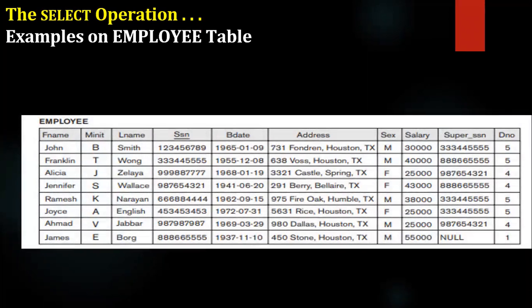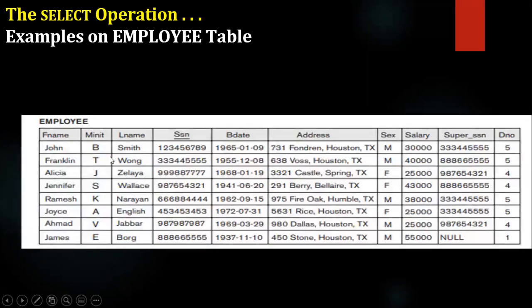Now here I have an employee table, which contains first name, middle initial, last name, social security number, birth date, address, sex, salary, super SSN, that is supervisor SSN, and department number. Now I want to retrieve the data from this employee table with different selection conditions. Let's start with, assume that I want to select the employees who belong to department number 4.